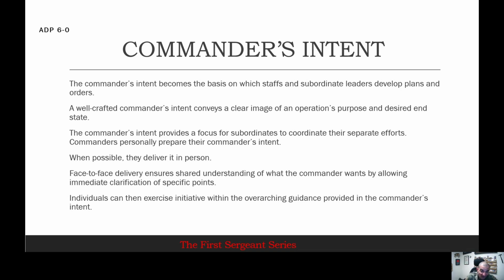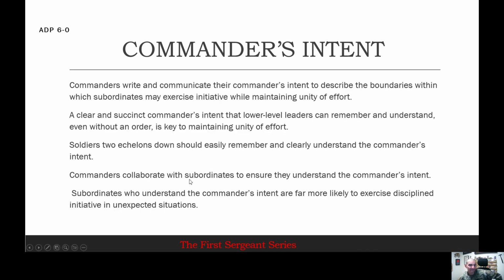The commander's intent provides a focus for subordinates to coordinate their separate efforts. Commanders personally prepare the commander's intent, and when possible, they deliver it in person. Face-to-face delivery ensures a shared understanding of what the commander wants by allowing immediate clarification of points. Individuals can exercise initiative within the overarching guidance provided in the commander's intent.